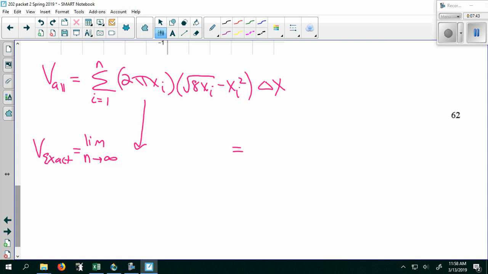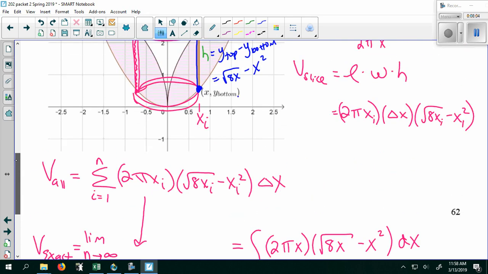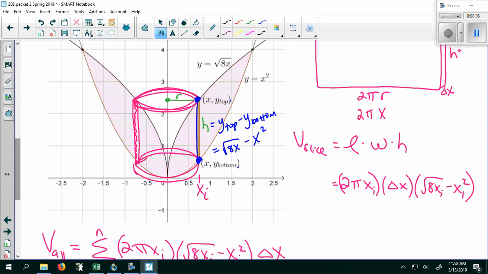And that equals an integral. That's the definition of an integral. To translate, we drop the subscripts. So we have 2 pi x times radical 8x minus x squared. The delta x becomes a dx. And the last thing to figure out are the bounds of integration. So I'm going to go back up to my picture and figure out where I'm drawing these representative slices, my representative rectangles that all get rotated about the axis.